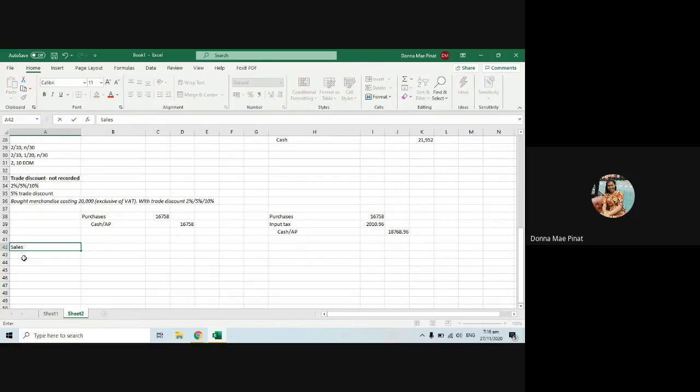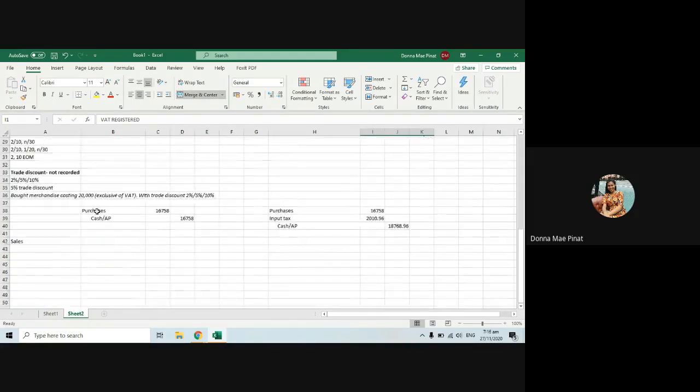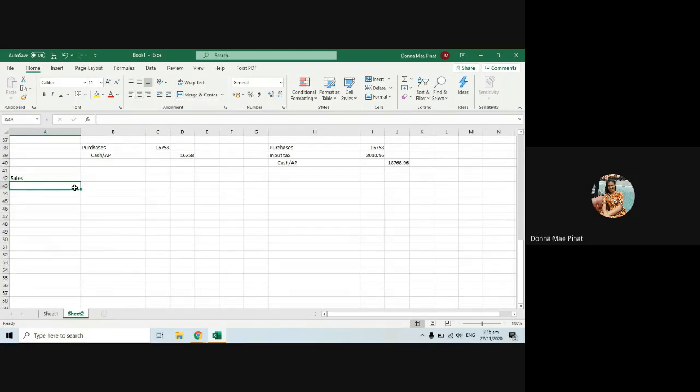Okay, so pwede non-VAT registered, VAT registered. For sales, sample lang.